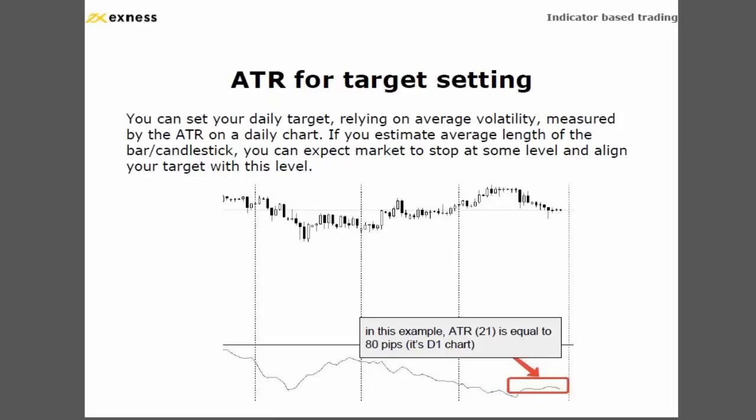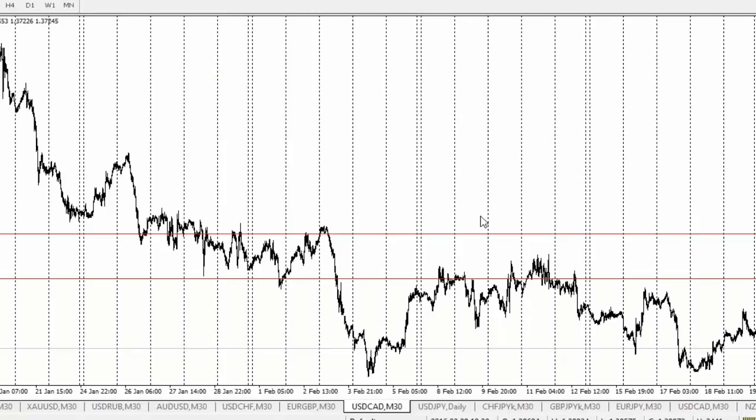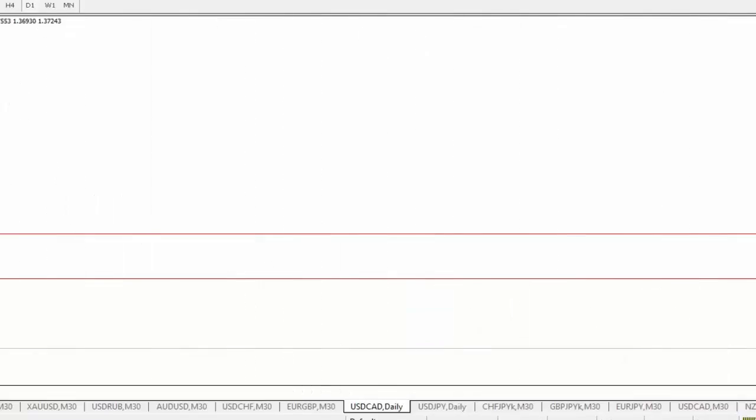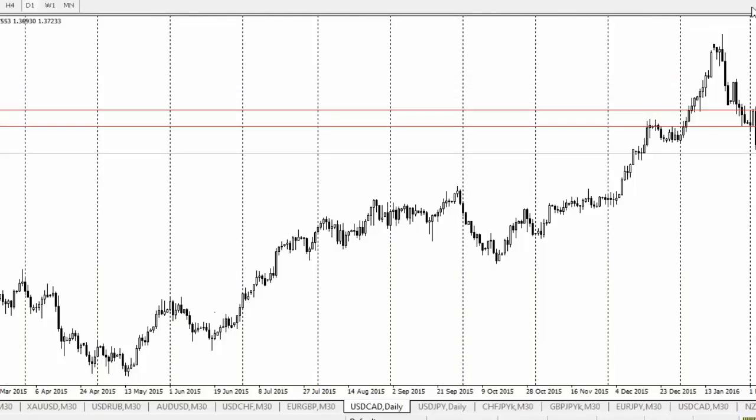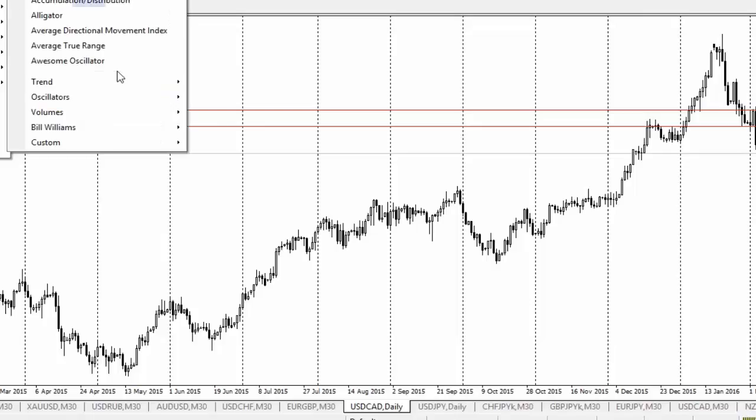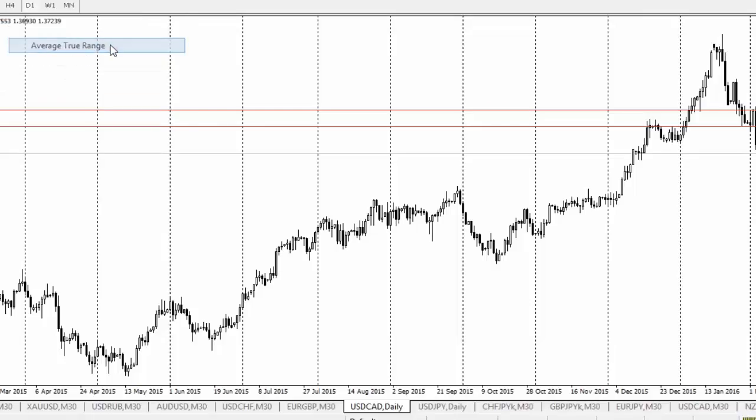Yes. Let me show it on MT4. Let's switch to the MT4 trading platform, and I have a 30-minute chart here. Let's switch to the daily chart, and apply the ATR, which is average true range.